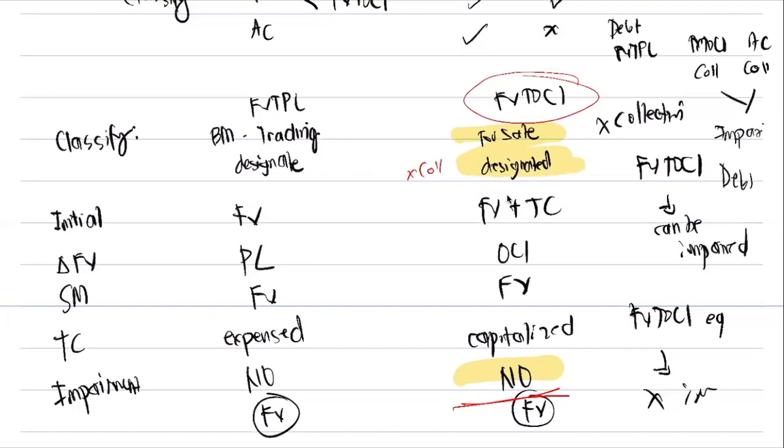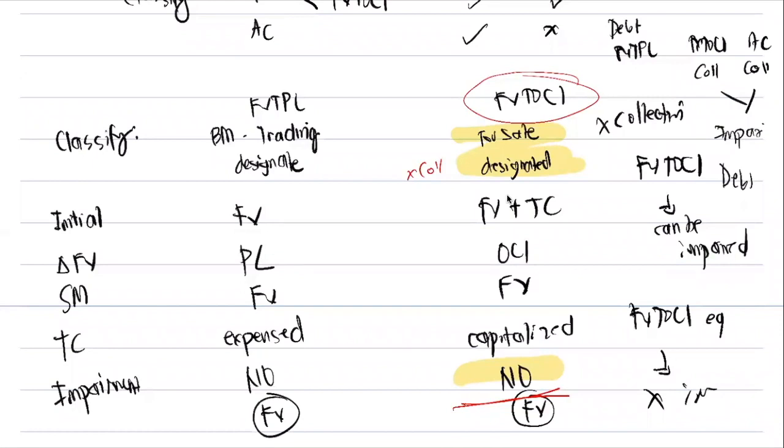Okay? So, ito yung difference nila ng FVTPL and FVTOCI. That's why I want to emphasize PFRS 9 not based on the classifications. Kasi pag inuna natin yung classifications at hindi natin hinati yung debt securities at equity securities under FVTPL, malilito na kayo.